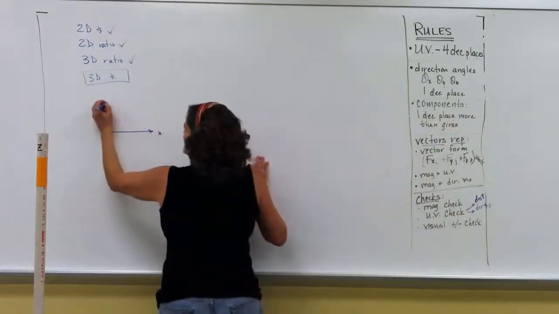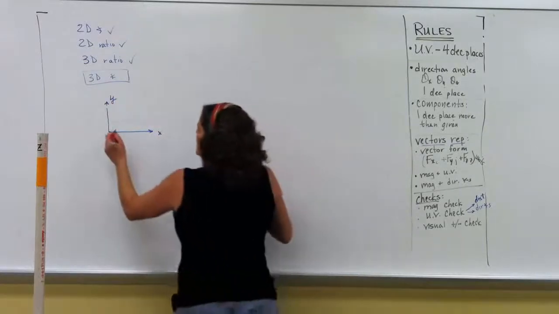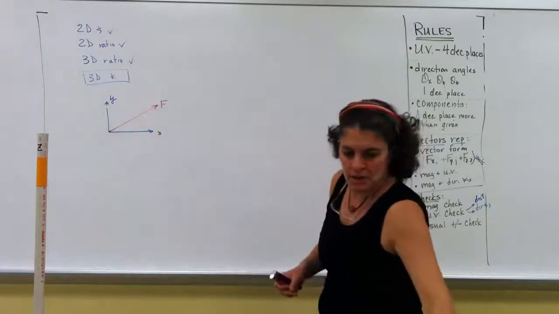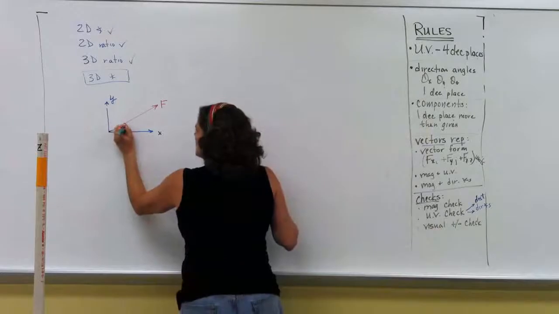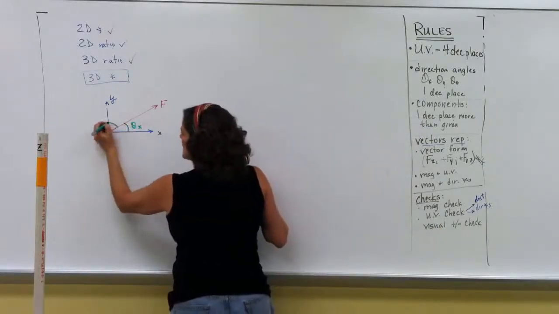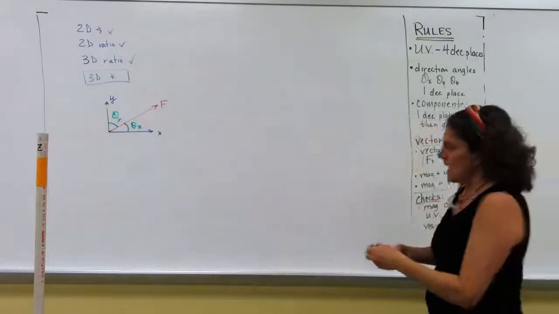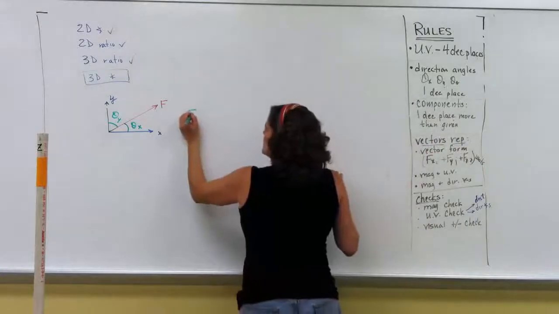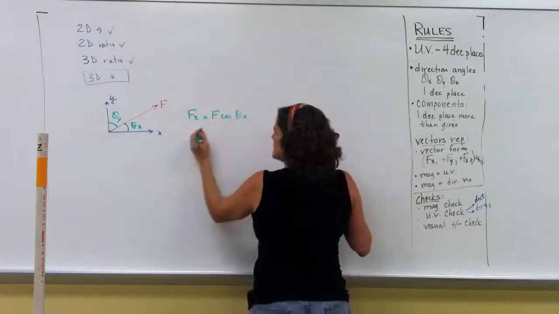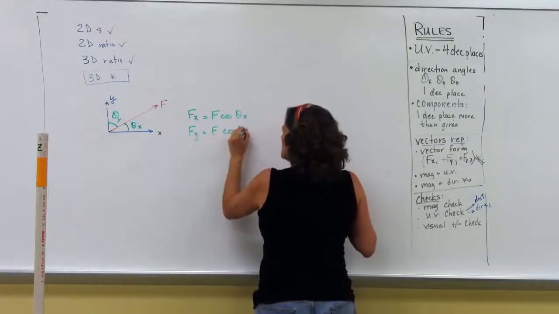We have a 2D problem. This is the x and y axis. Here's my force. If this is my force, what does this angle represent? Theta x. And what does this angle represent? Theta y. We find that the force in the x is equal to F times the cosine of theta x, and Fy is equal to F times the cosine of theta y.